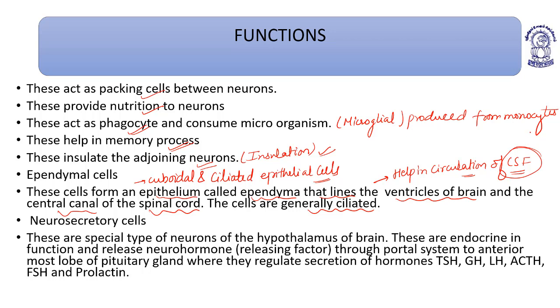Then comes the next category, neurosecretory cells. These are a special type of neurons of the hypothalamus of the brain.